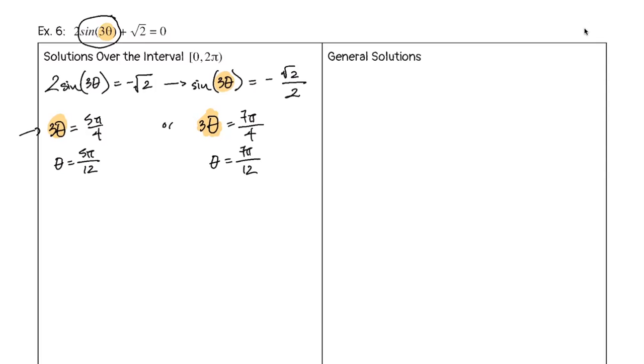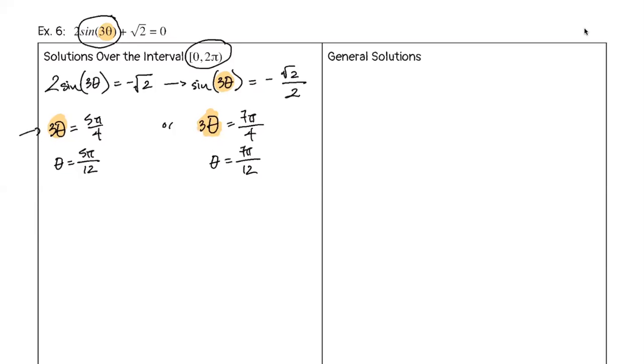So before we say, all right, those are our two solutions, that's it, we need to make sure that we get all the solutions from 0 to 2 pi, okay? What we have here is some of the solutions, but not all of them. So what we need to do is use what we know about the general solutions to help us figure out where all the other solutions are.